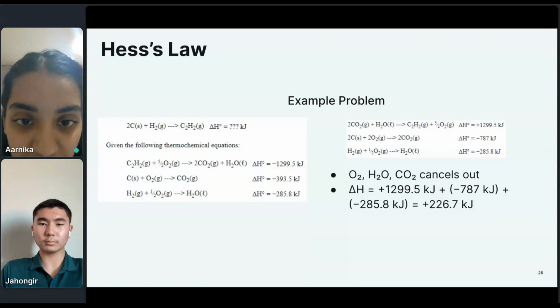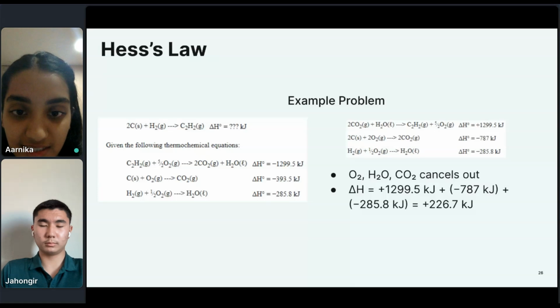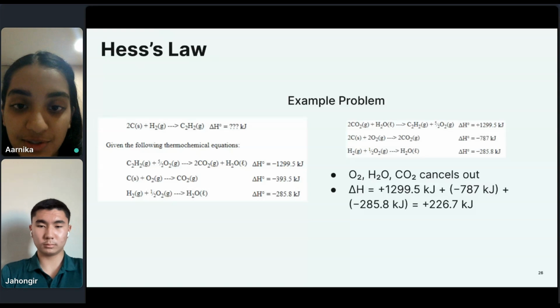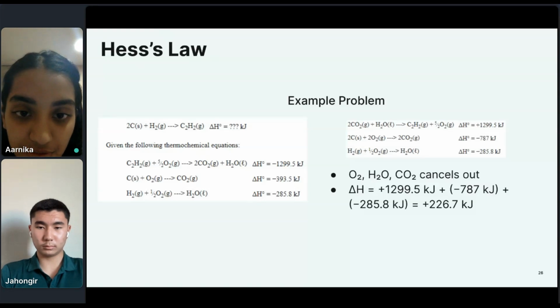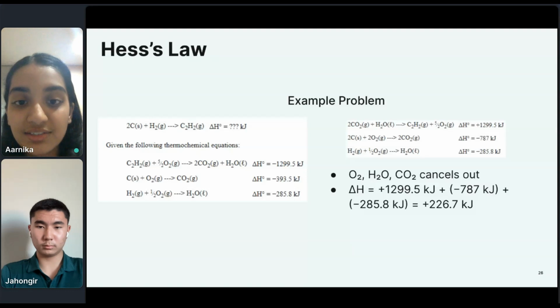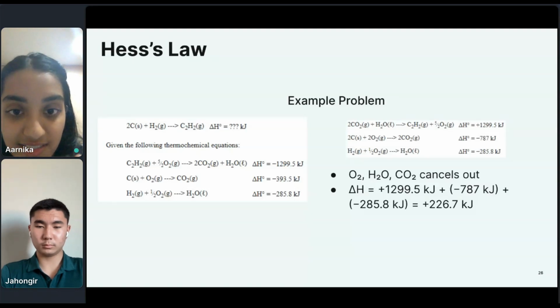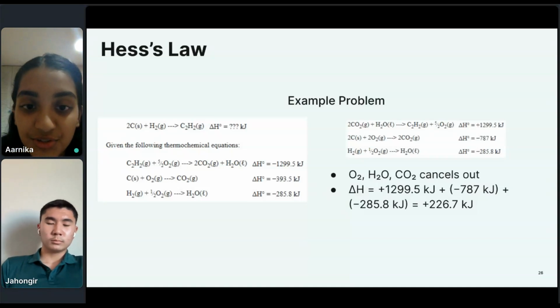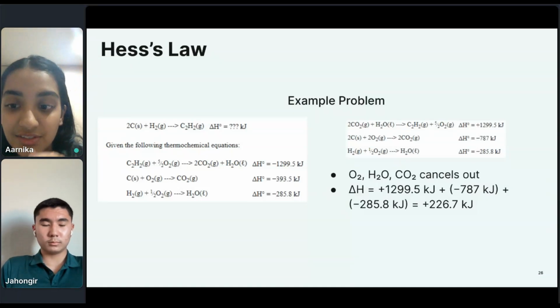As you can see, you have the 2 CO2 on one side and the 2 CO2 on the other side for the second and the first equations. We have the 5/2 O2 on the first equation on the right, and then we have the 2 O2 on the left of the second equation and the third equation. So those can cancel out, and the CO2s can also cancel out. The H2Os can also cancel out because you have it on the left side of the first equation and on the right side of the third equation.